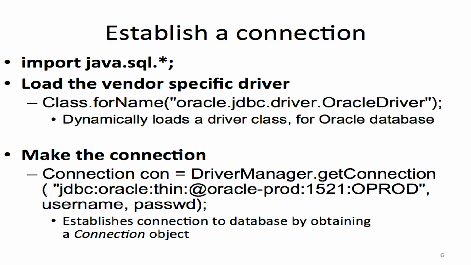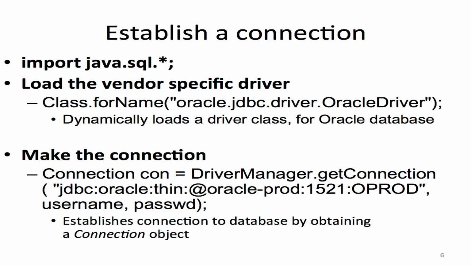The second argument is the username, and the third argument is the password. Suppose we are using MS Access as a database, then we will not write the username and password, because in MS Access there is no username or password. So we will make it blank: double quotes with a space, comma, double quotes with a space for the password.